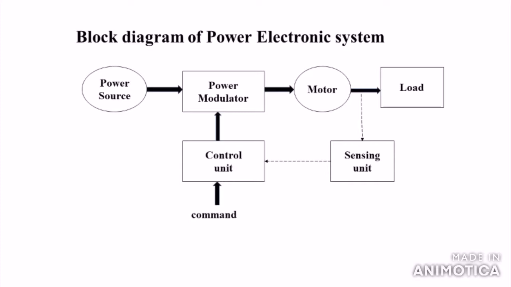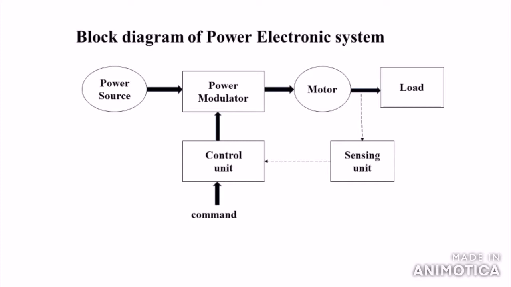Next, it modulates the flow of power from the source to the load. It also selects the mode of operation of the motor: the power modulator decides whether the motor has to be operated in the motoring mode or in the braking mode.